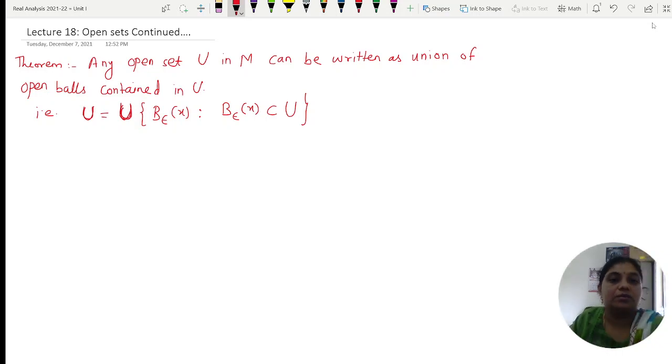Okay, so this is easy. How can we prove this? Again, we have to show two sets are equal. So we will show one is contained in the other, and the other is contained in the first one. Then both will be equal sets.